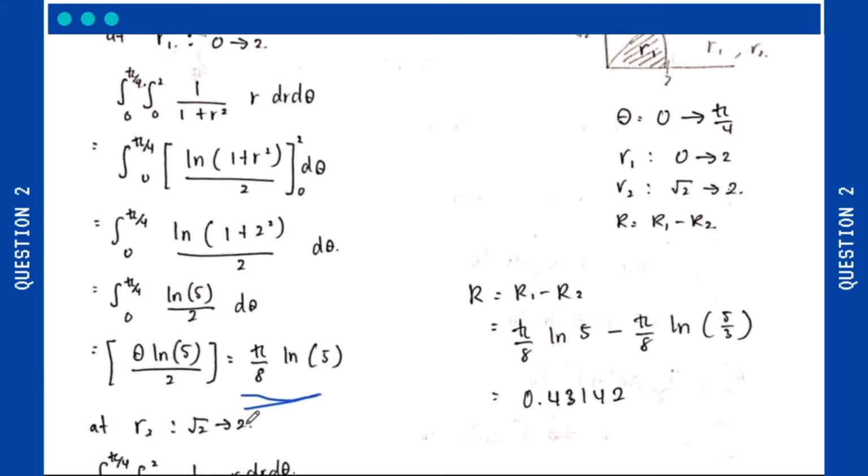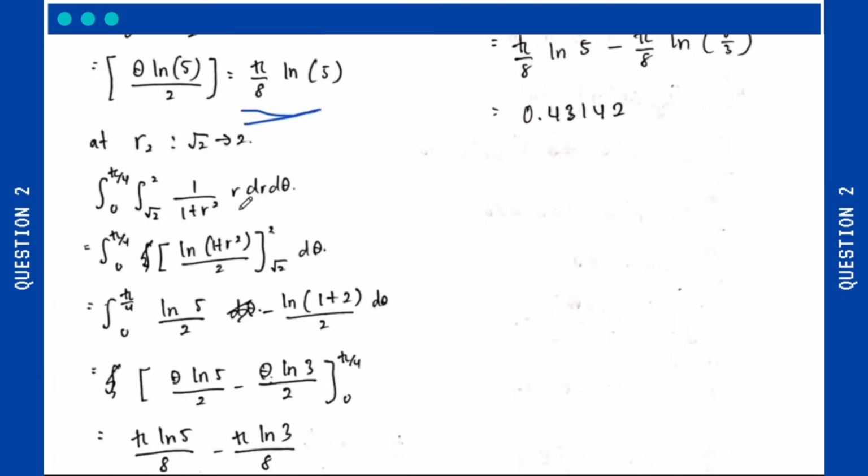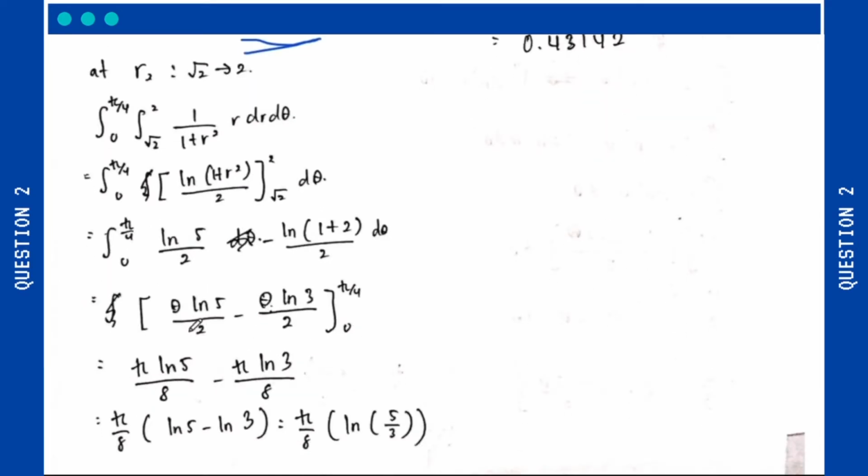For R2, the radius is up to square root of 2. We got this one, integrate r, then it will become ln of 1 plus r squared over 2. This one is the limit for r, and we integrate with respect to theta.